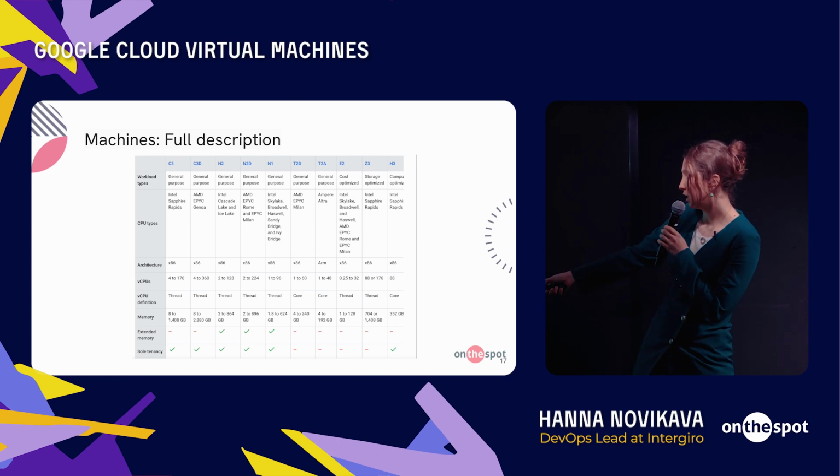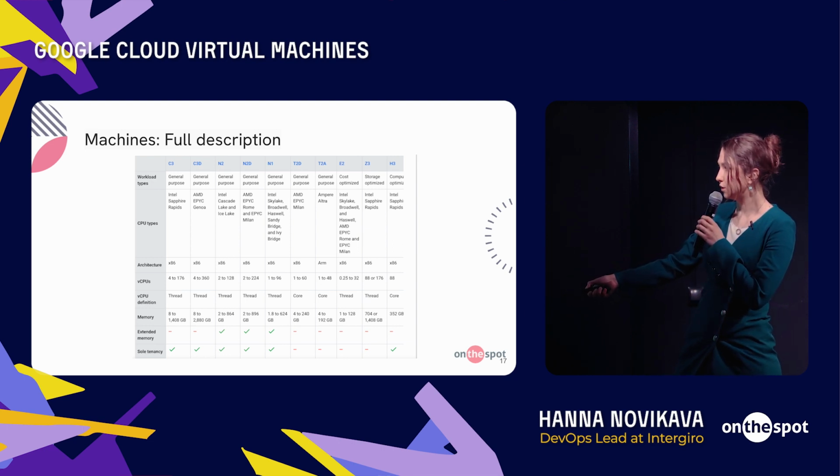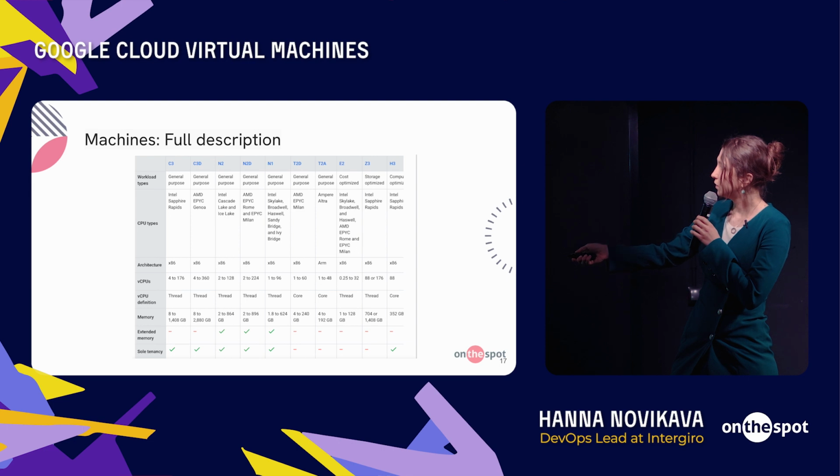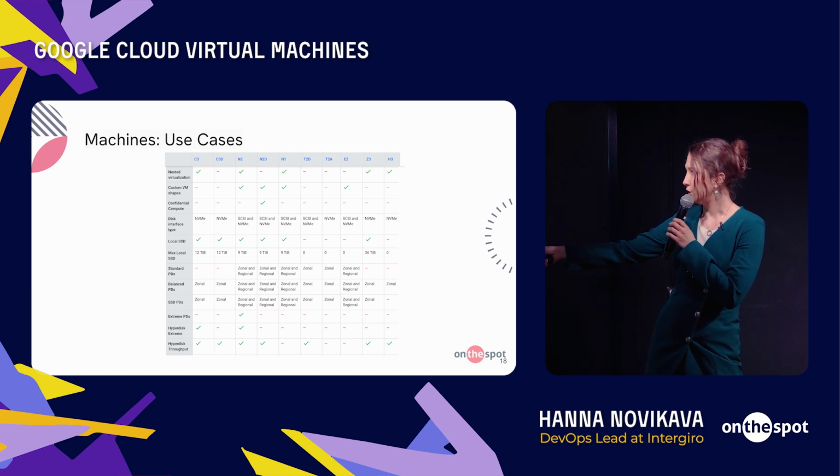Also, we can check sole tenancy: is it possible to set up virtual machines of one customer on one node only? Also, there are some use cases where you can use local SSD, which is a very good feature. Maximum size, which persistent disk you can use for different types, and other features.